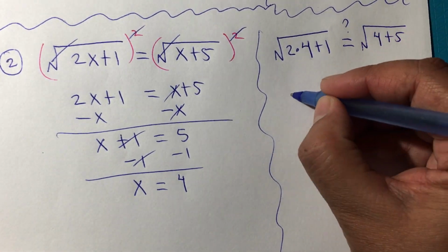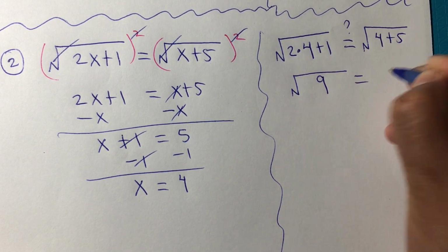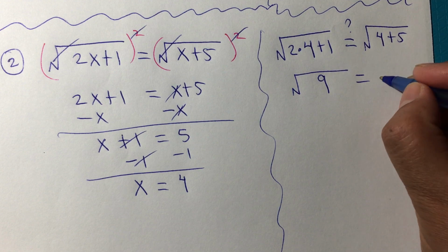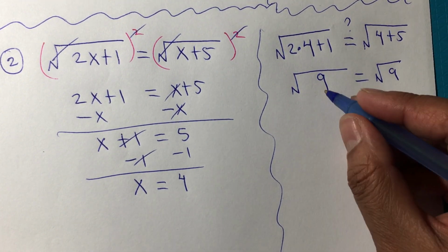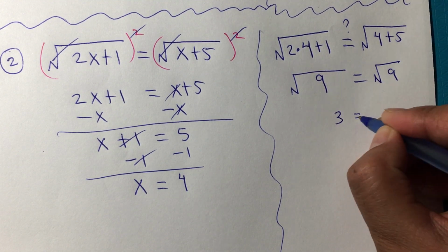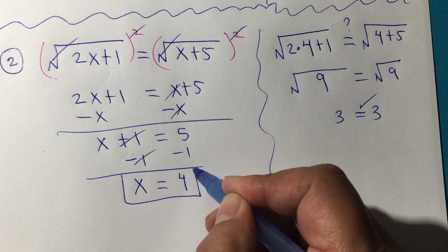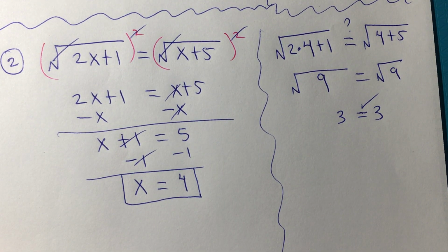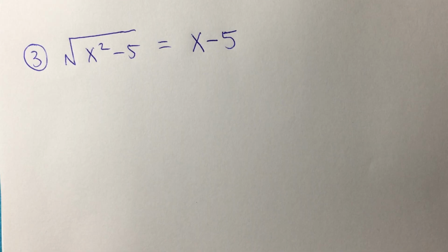So 2 times 4 is 8, plus 1 is 9. 4 plus 5 is 9. And you already see that, yeah, they're the same. So the square root of 9 is 3. Same here. So check. So this is a true solution. It's not an extraneous solution because they come out equal.